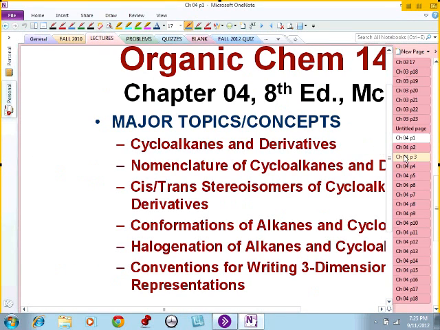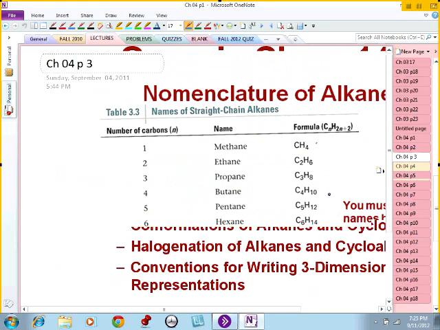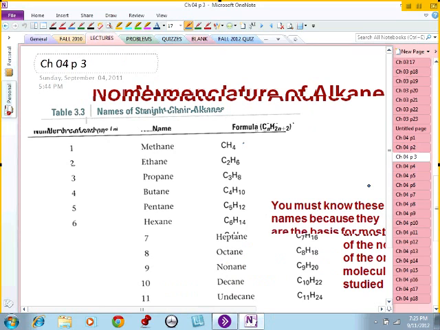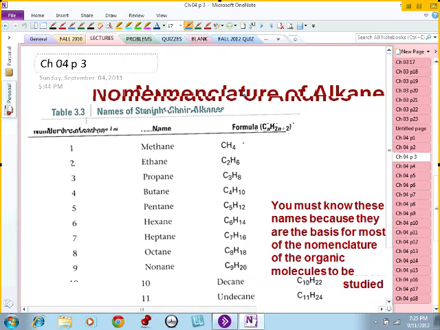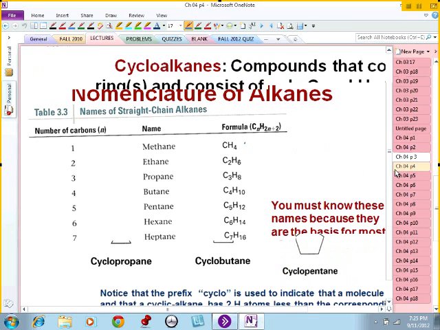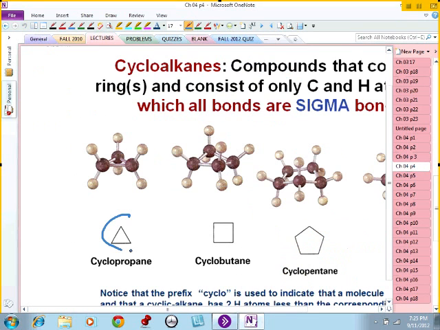You already know them. The cycloalkanes. Cycloalkanes are nothing, just as the name suggests, alkanes that are cyclic. Okay, for example, look at this here.